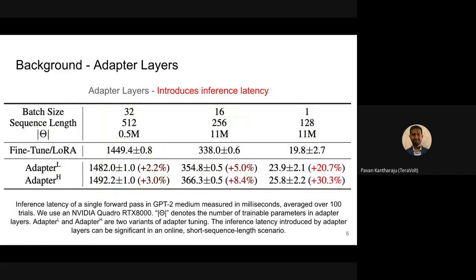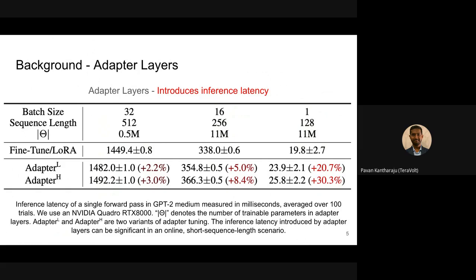So I'm going to describe what they mean by inference latency. They did a quick experiment on GPT-2, where they added adapters to GPT-2, and they looked at the amount of time inference took in milliseconds over different batch sizes.